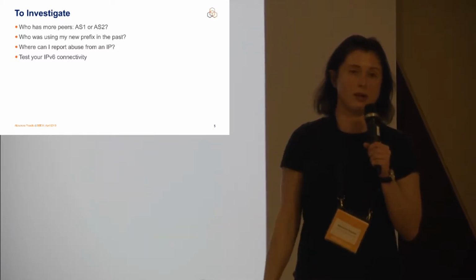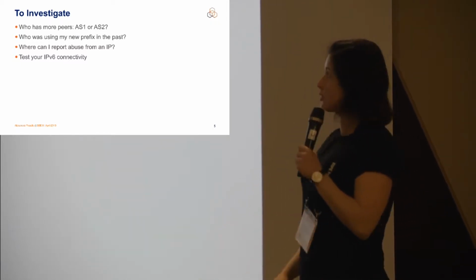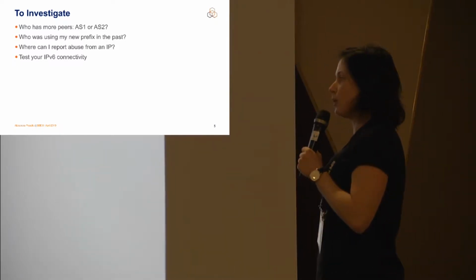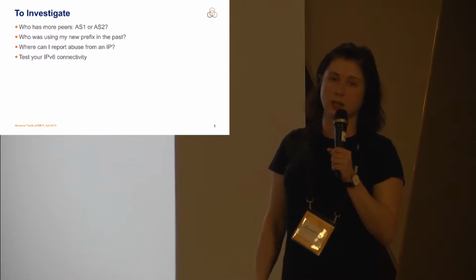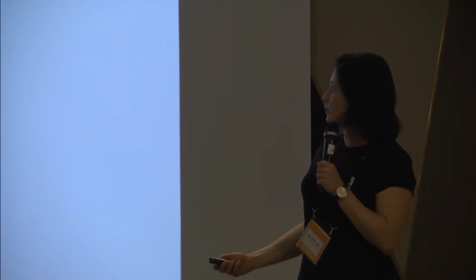And you can use RIPE Atlas or RIPE Stat to check it. And where you can report an abuse for some IP. The easiest way is just to go to the RIPE.net website and check it. And test your IPv6 connectivity. So these are the main points of how you can investigate using RIPE Atlas.